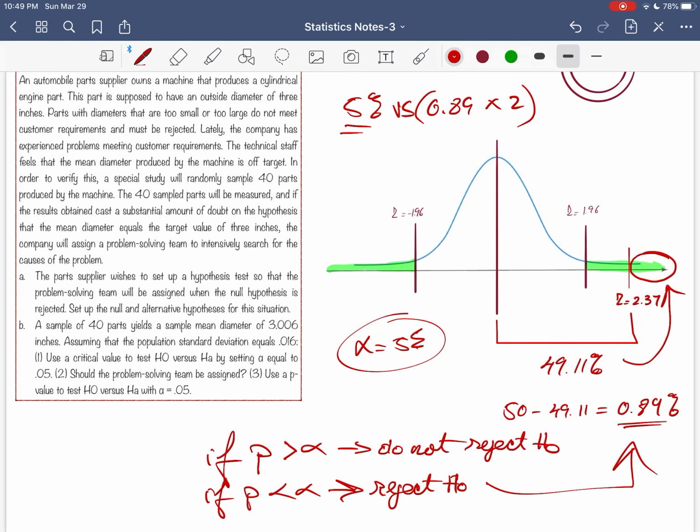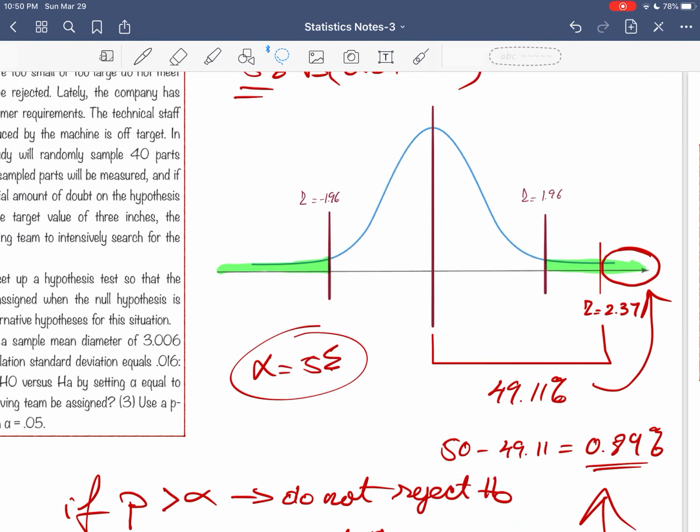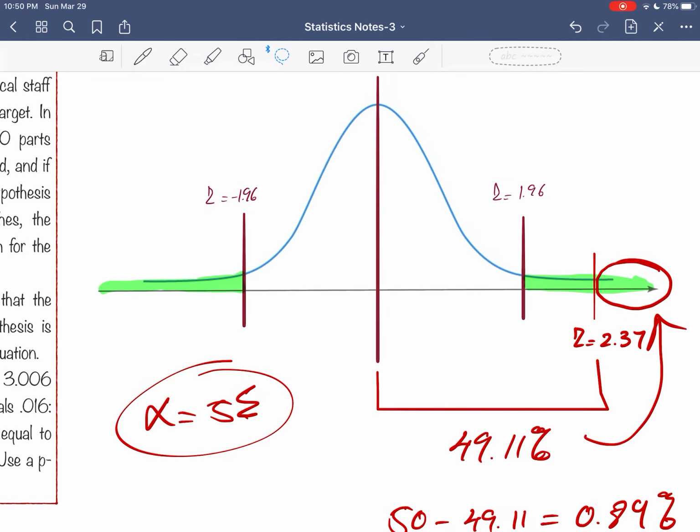And you notice that, if I can just elaborate on this just a little bit more, this is the cutoff mark for your test statistic. So it's here, and you see that the p-value is everything after it.